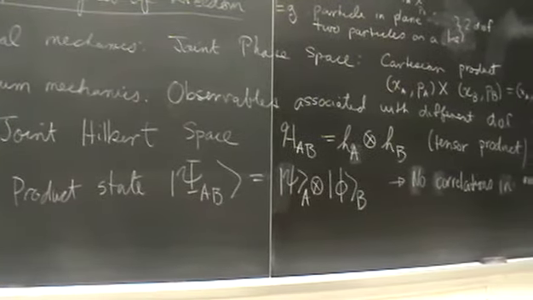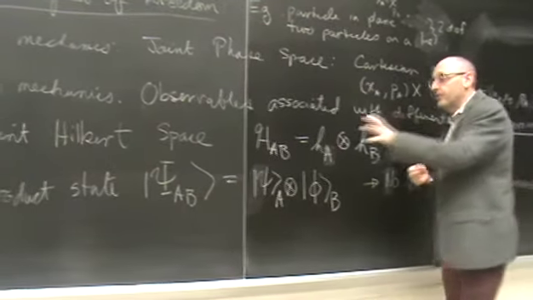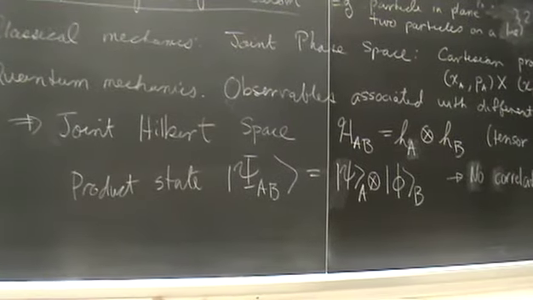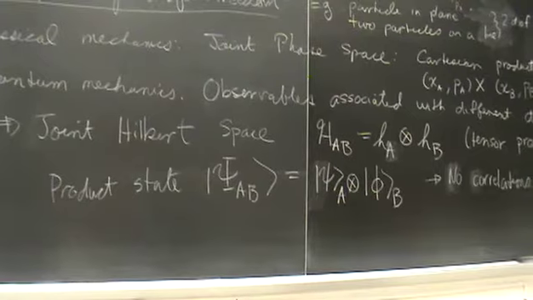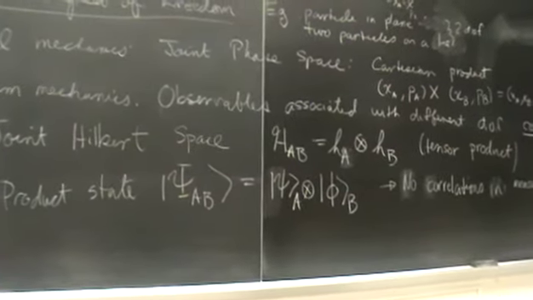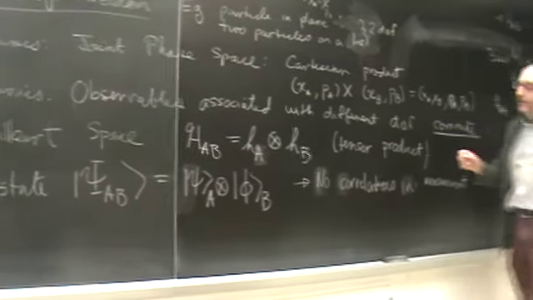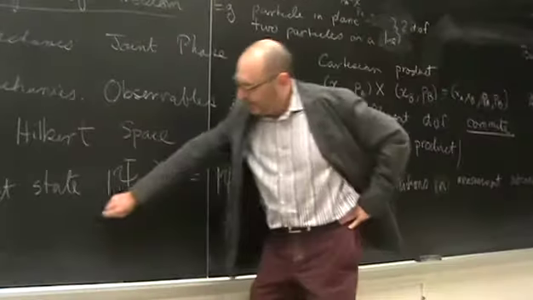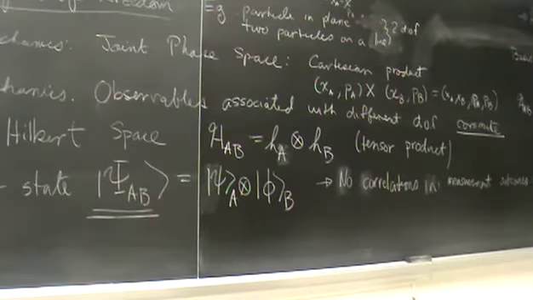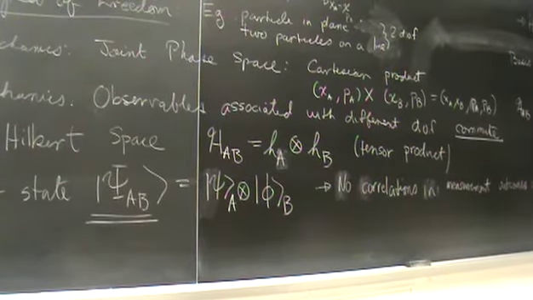And then the joint Hilbert space that describes states of the system that describe both degrees of freedom is given by the tensor product. Okay? And the tensor product is such that we can define joint states of the system that are product states. And we have this tensor product in between them.